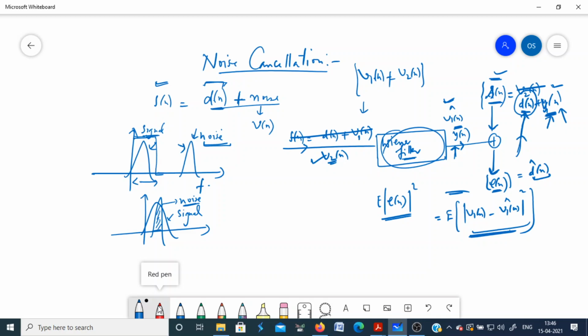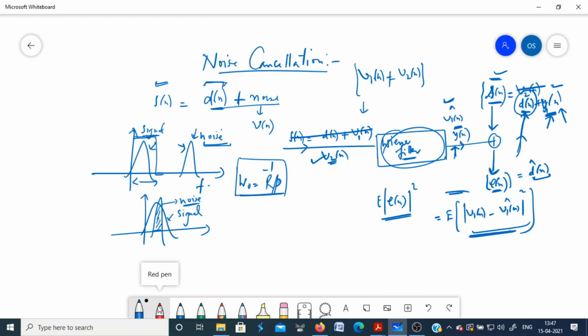Anyhow, when you need to find this Wiener filter solution, you have to find the matrix R and then P, and the optimum solution you can find using the Wiener-Hopf equation. But many times the correlation of the input sequence, or the correlation between the noise and the input, is not known, so you may not be able to apply the Wiener-Hopf equations.